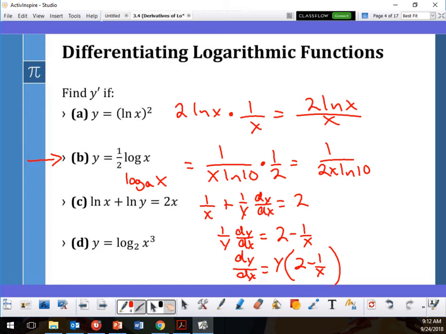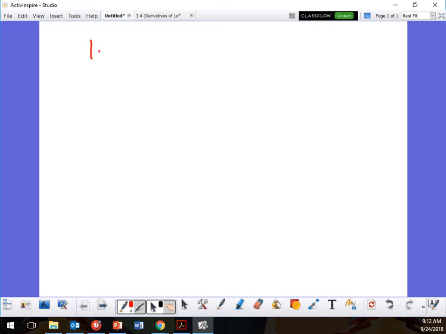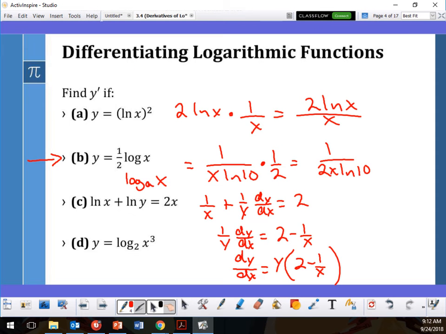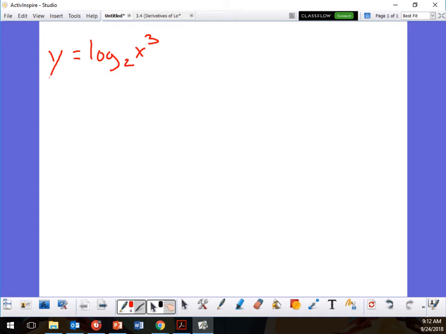I need to make some room for this one. Actually, I got another slide right here. So the problem is log base 2 of x cubed. What's my a value in this one? 2. Now this is the one where I messed up on the first one.